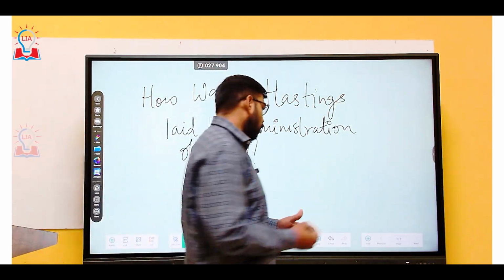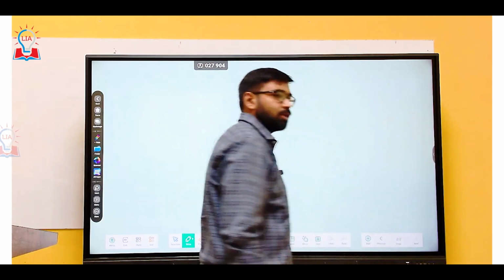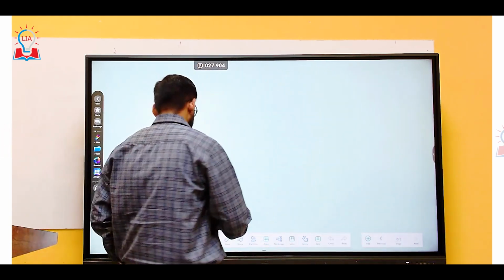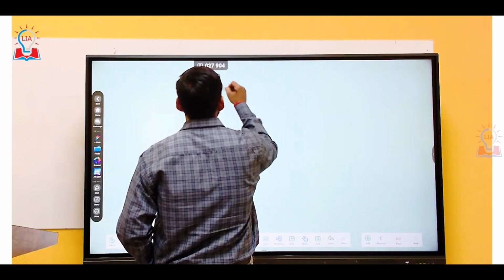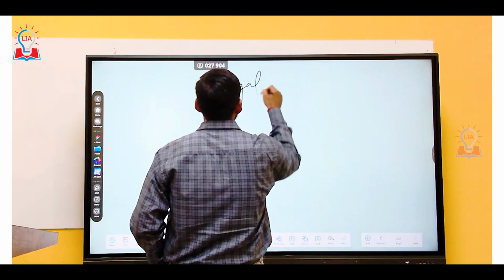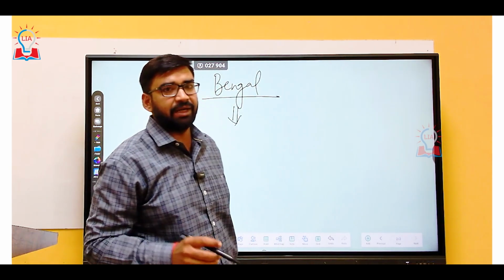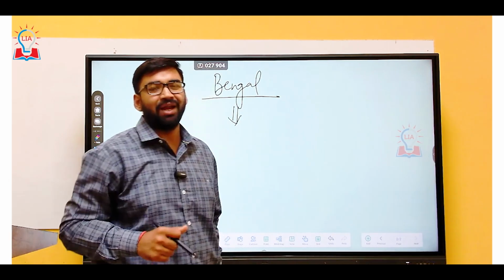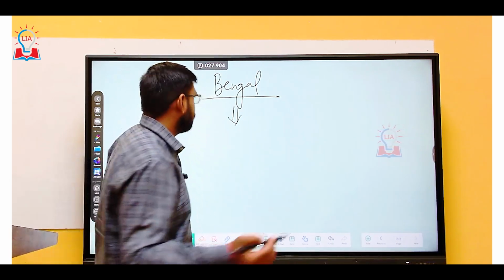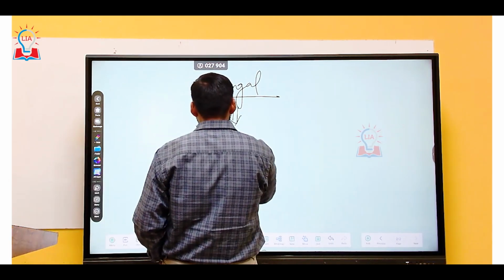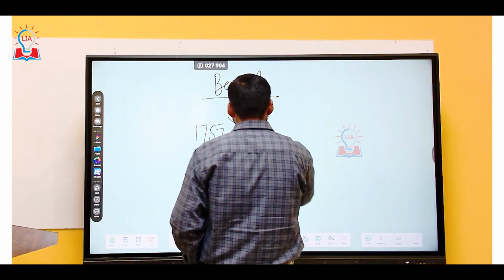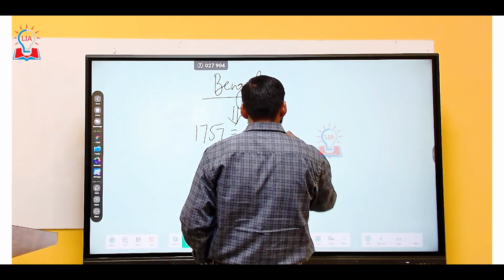So the conquest of Bengal, let me tell you the story of Bengal. The conquest of Bengal was started in the middle of 18th century. For example, 1757, that is Battle of Plassey.